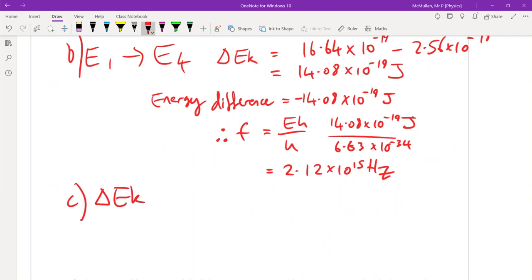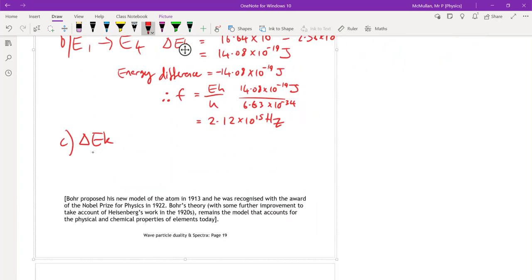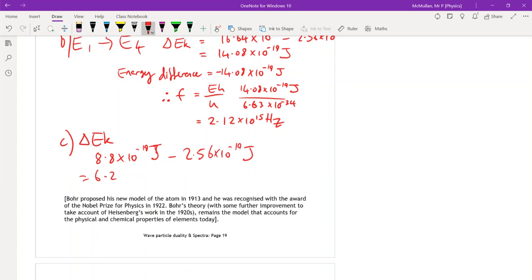Delta E is 8.80 times 10 to the minus 19 joules, take away your 2.56 times 10 to the minus 19 joules, which gives you 6.24 times 10 to the minus 19 joules. Again, because it's an electron, it will be a negative sign.